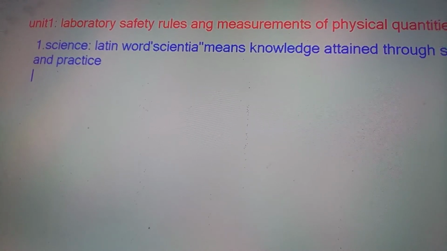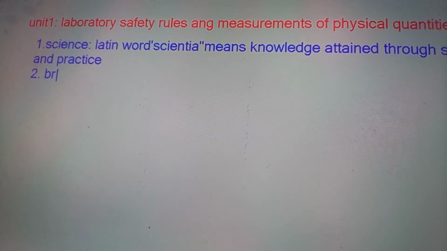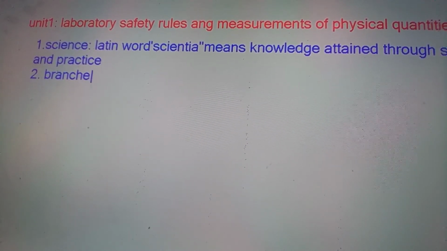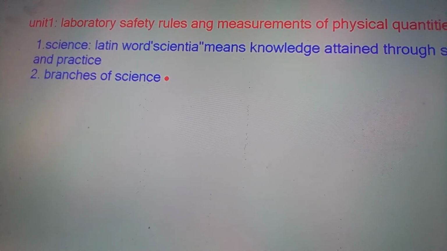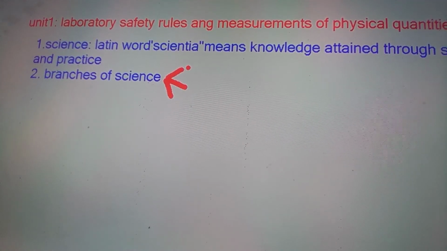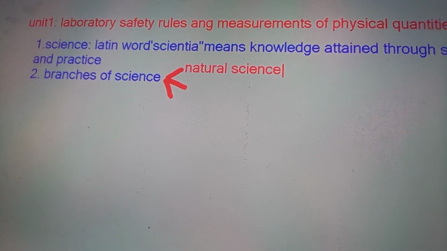We have also seen branches of science. Within these branches, we have seen that there are 3 branches of science. Branch number 1 is natural science.